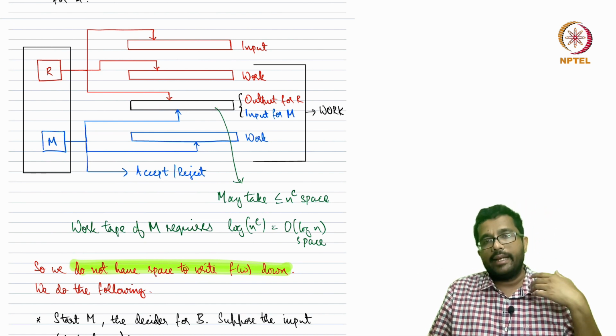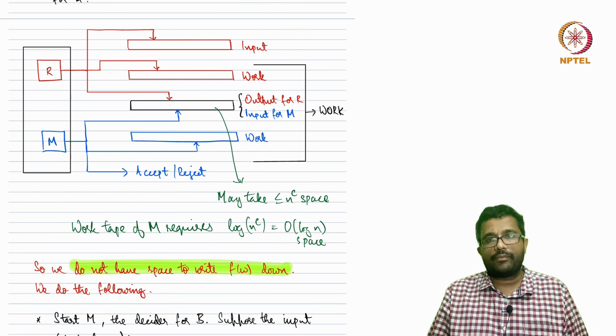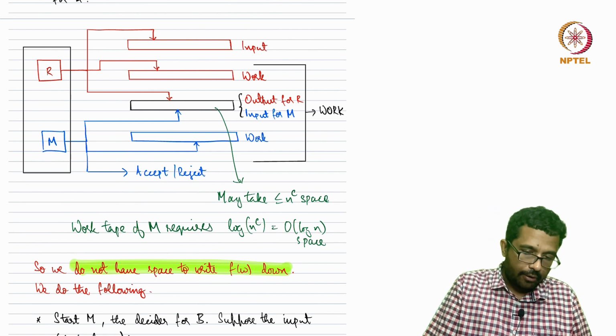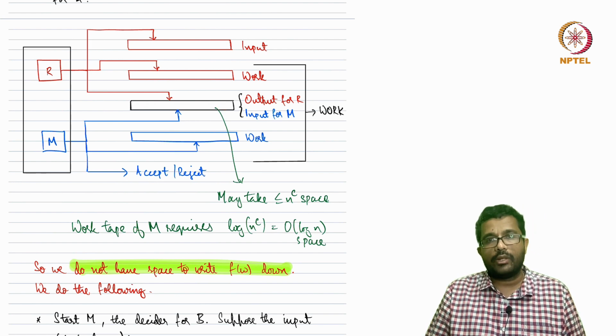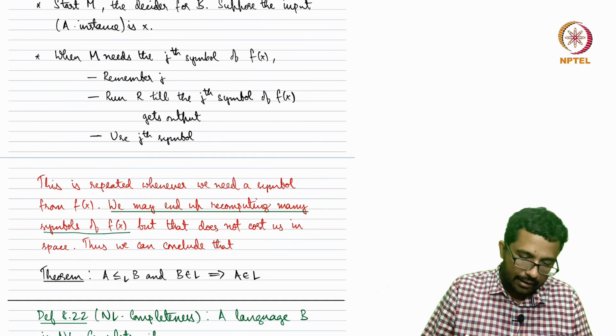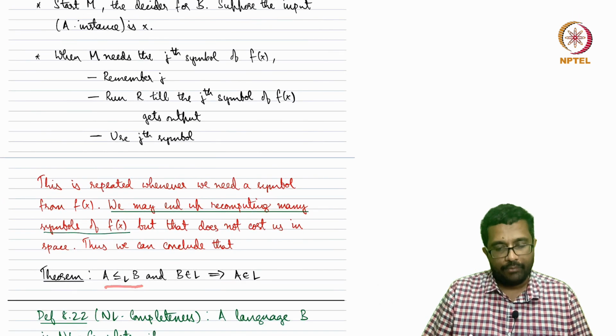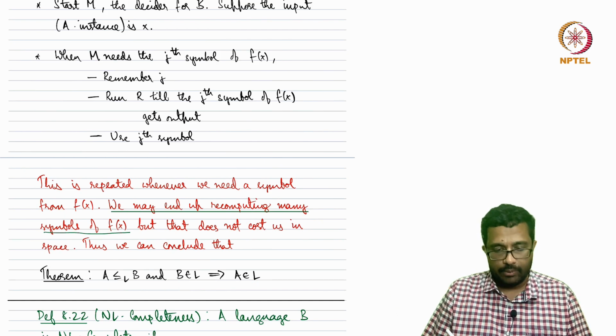This creates a lot of recomputing of the output of the reduction machine, but that's okay. We are not being charged for time, only for space. So we get the result that if A reduces to B in log space and B is in log space, A is in log space as well.